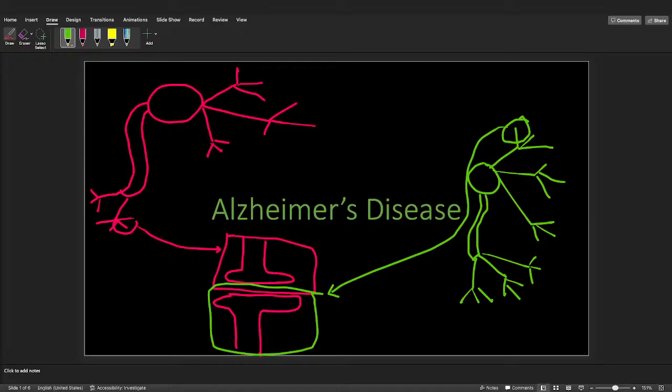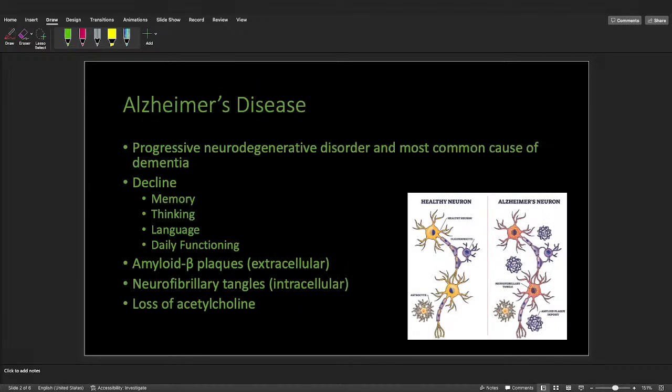So that's more of an impaired movement type than the impaired learning and memory loss.